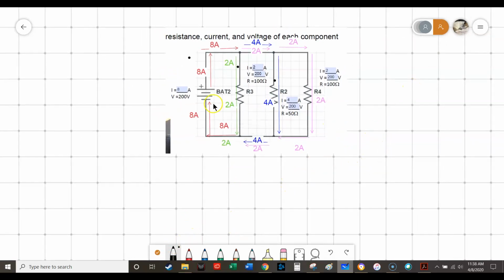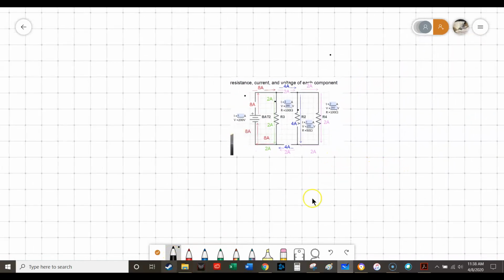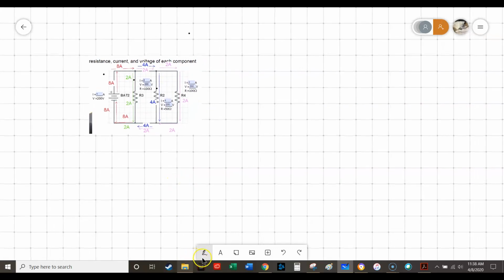So we know this battery is producing 200 volts, so I'm going to go ahead and draw a little battery right over here, producing 200 volts. That's my battery.